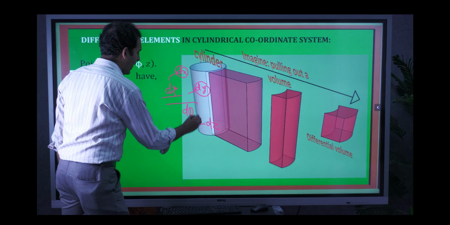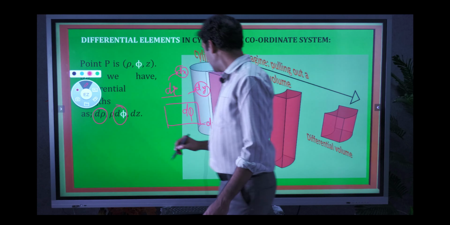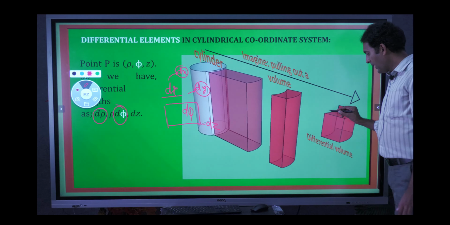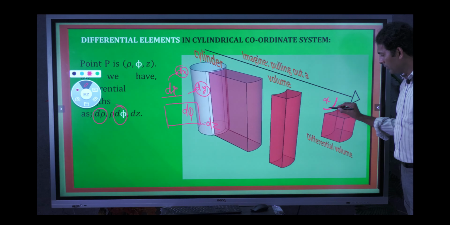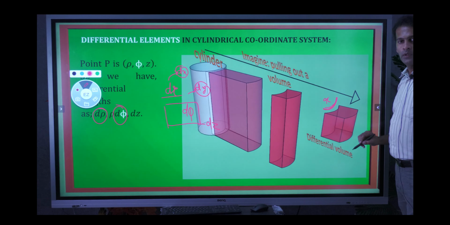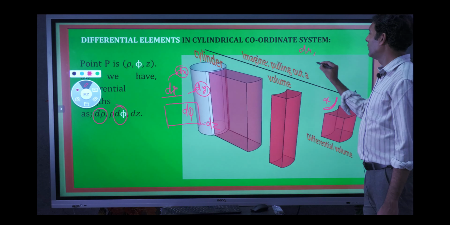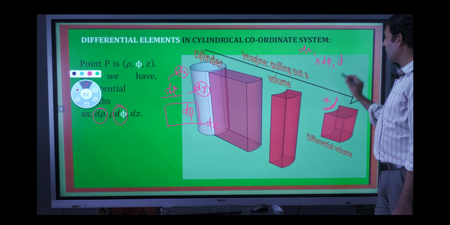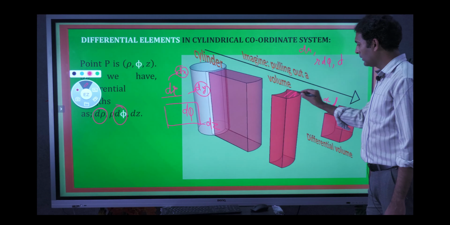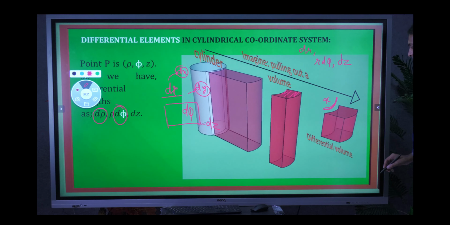But here for phi, we cannot write only d phi, because along with the angle d phi, we have to attach an additional component of r due to this curved path. So the differential elements will be dr, comma, r d phi, and the third one is the same, it is a flat surface for z, so it will be dz.